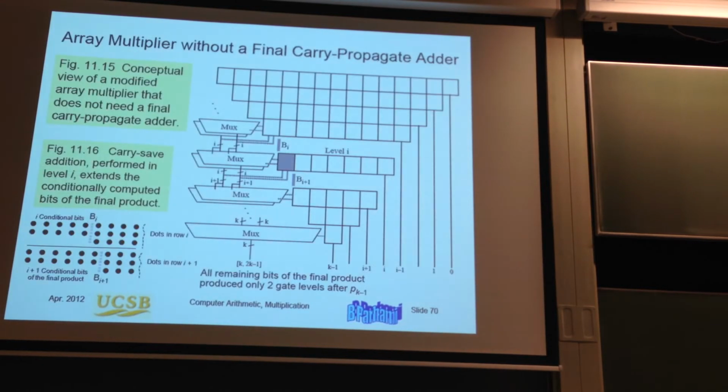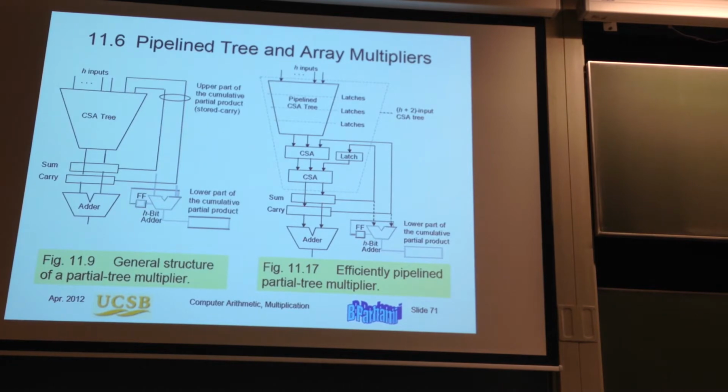Now, we already said that this kind of approach is good to be pipelined. And you can apply pipelining in many designs. And multipliers are very well suited for this pipelining concept. The problem with the pipelining is that you have to cut the design in the proper way.